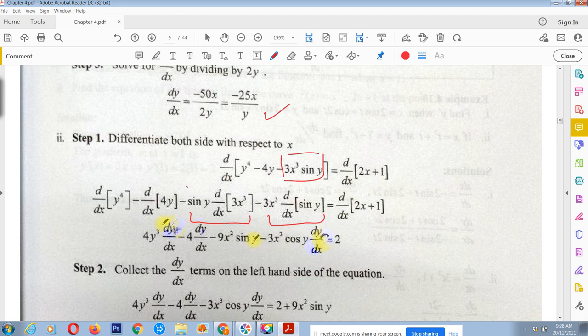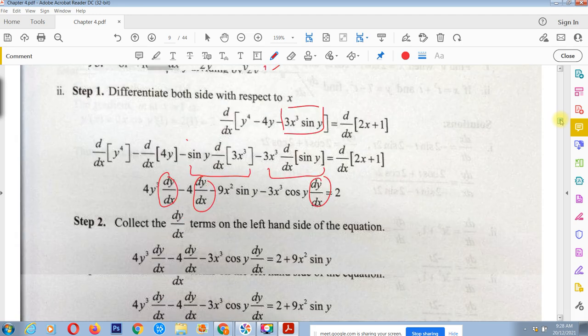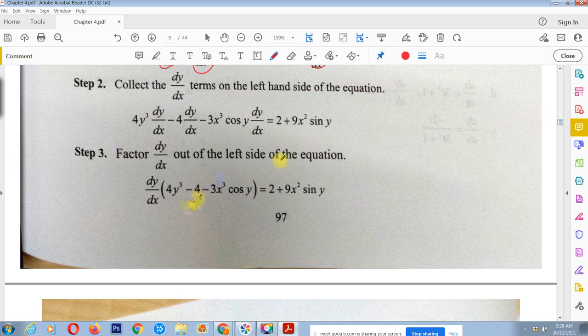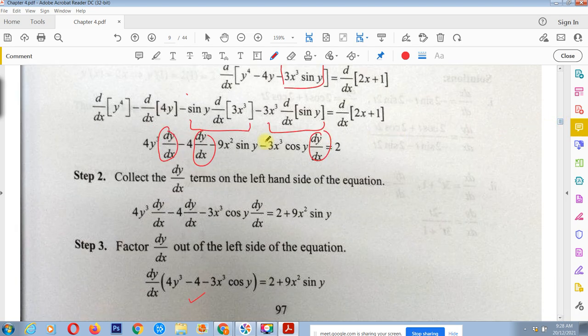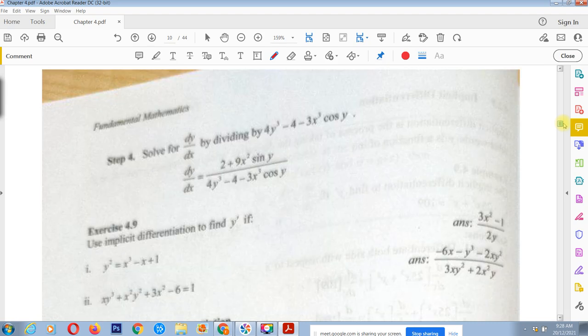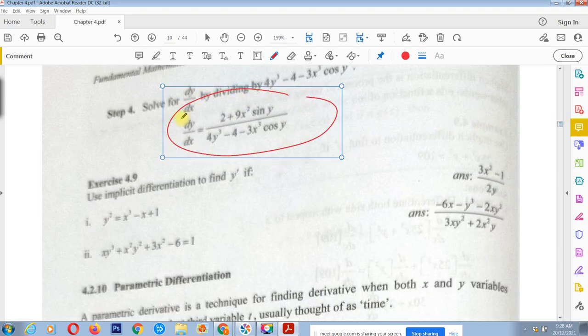So we collect this dy dx, this dy dx, and this dy dx, and then we compile, we get this, and the rest will be for those terms not having dy dx. So we move this term in here. So that's why we get this, and then at the end we will get this function dy dx. Make sure dy dx is at the end.